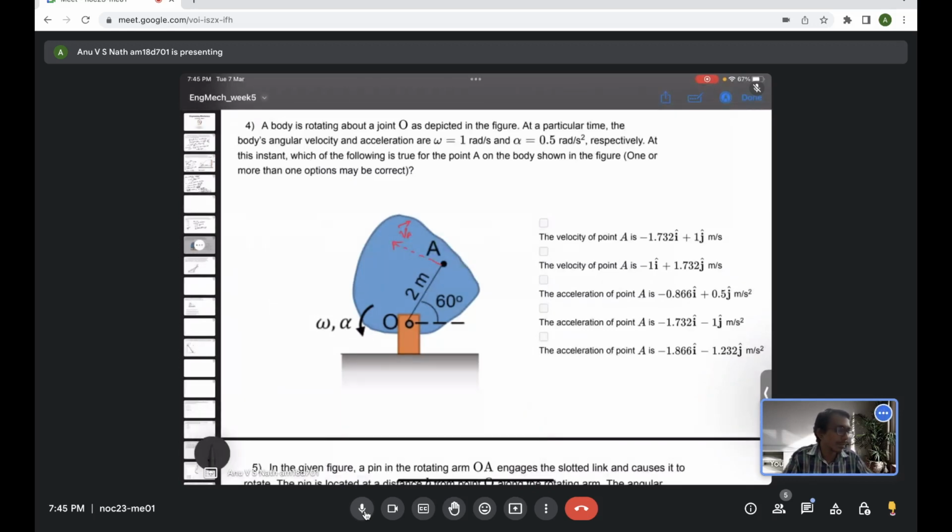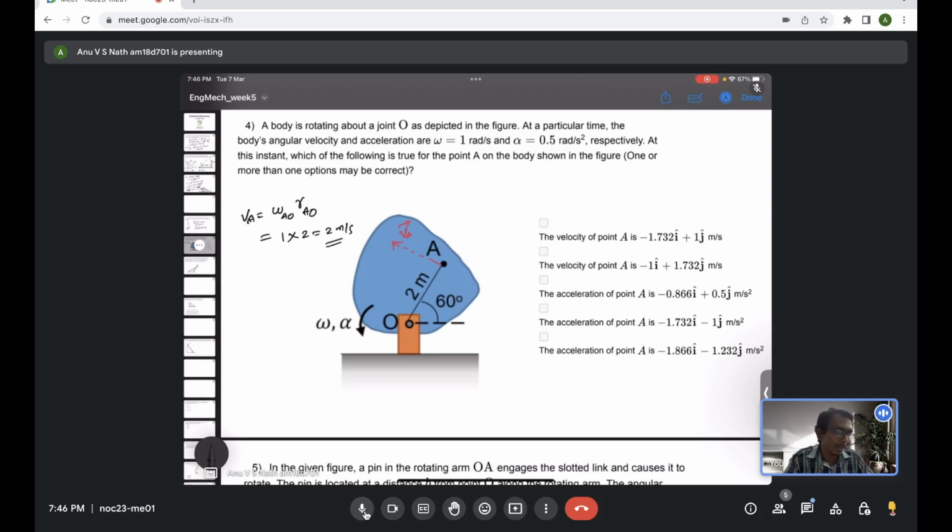So velocity of A, the magnitude, can be written as the angular velocity of A with respect to O times r to A measured from O. We have the angular velocity 1 radian per second times the radius, 2 meter. So we get 2 meter per second as the magnitude of the velocity.